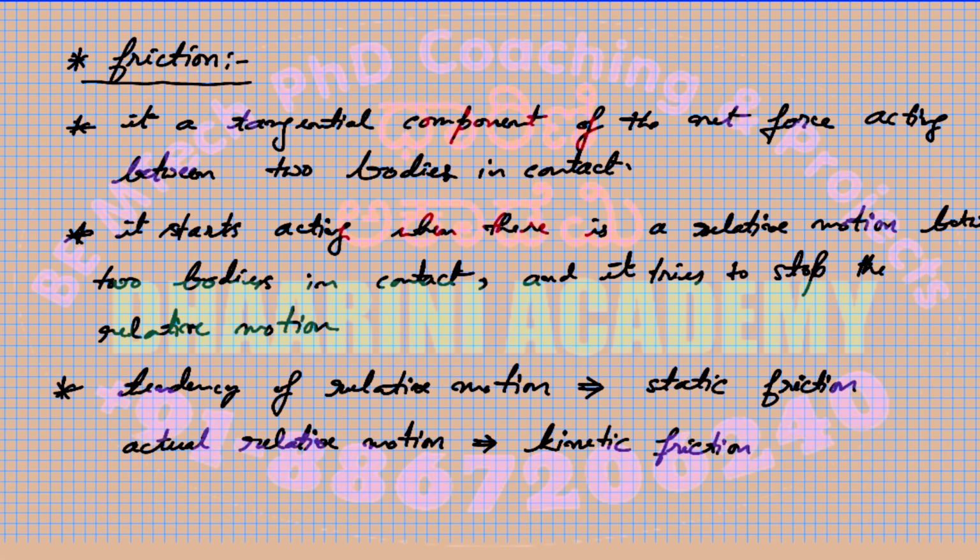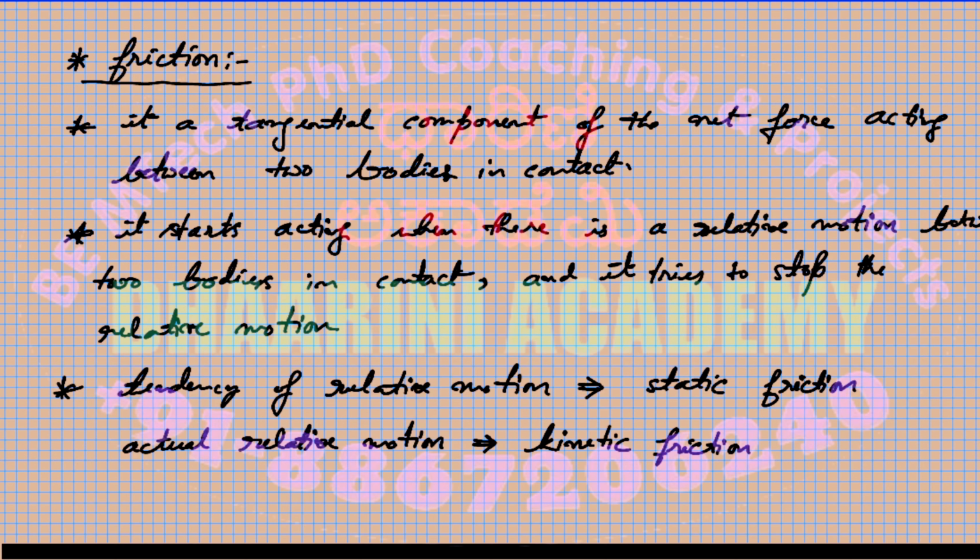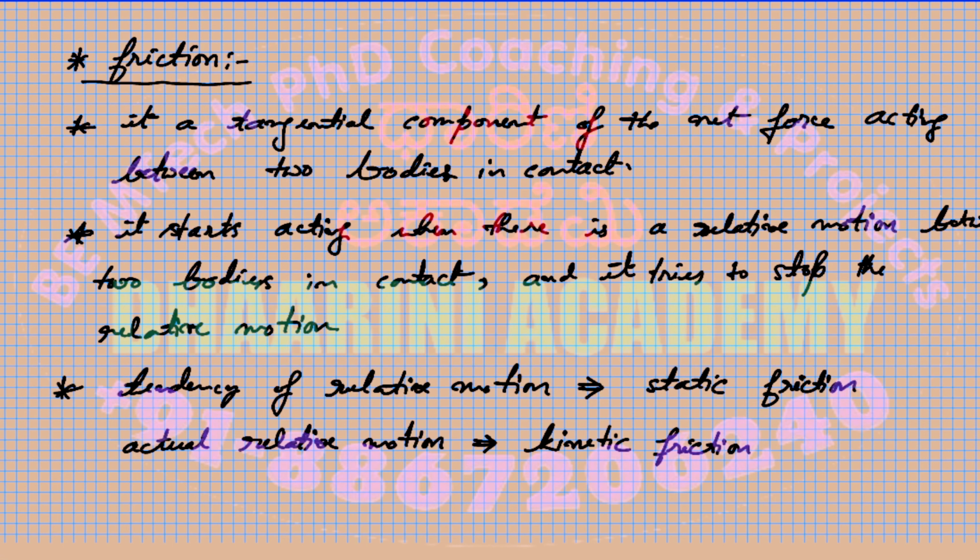Now, we know that for every force there is an equal and opposite force. Like any other force of nature, the frictional force also makes a pair of equal and opposite forces acting on two different bodies. It is opposite in terms of direction.